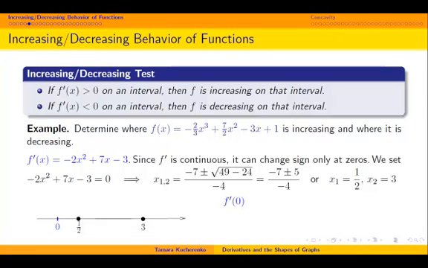We obtain f prime of 0 equals negative 2 times 0 squared plus 7 times 0 minus 3 equals negative 3. Because f prime at the test point 0 is negative, f prime is negative on the entire interval from negative infinity to 1/2. We indicate this by drawing a minus in a circle above the interval.